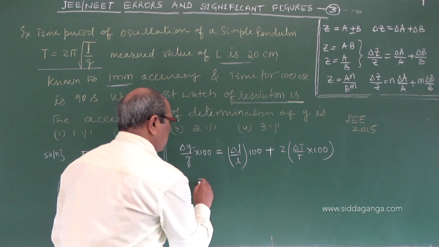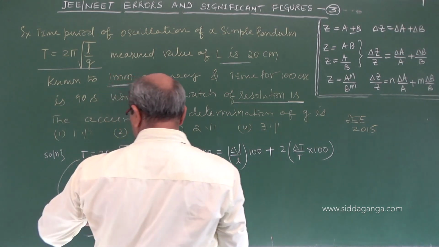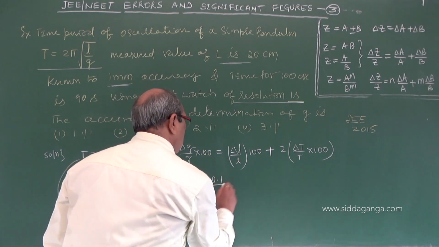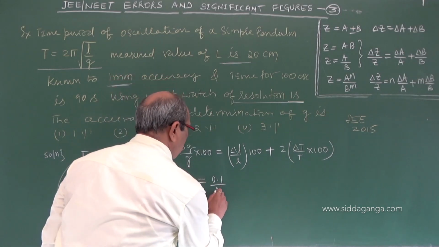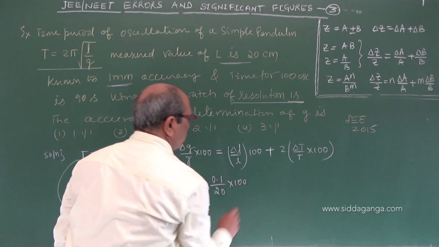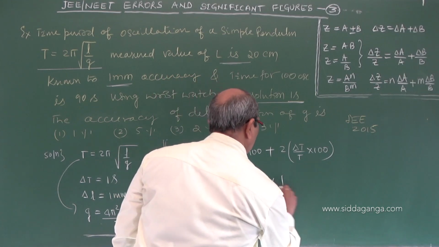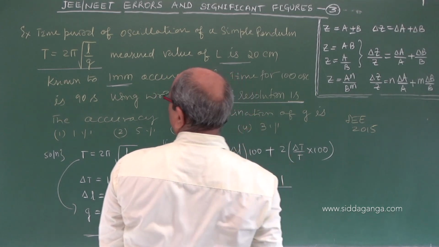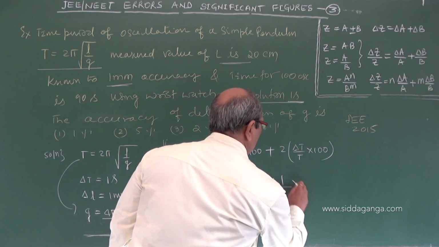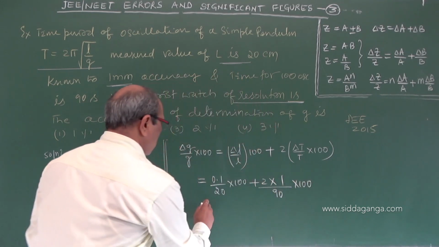So delta L by L: delta L is 0.1 divided by L is 20 centimeter, into 100, plus 2 into delta T is 1 divided by capital T is 90, into 100. Let us simplify.